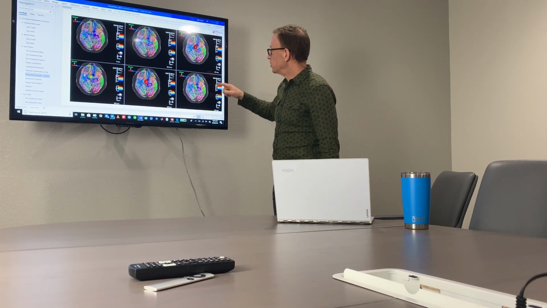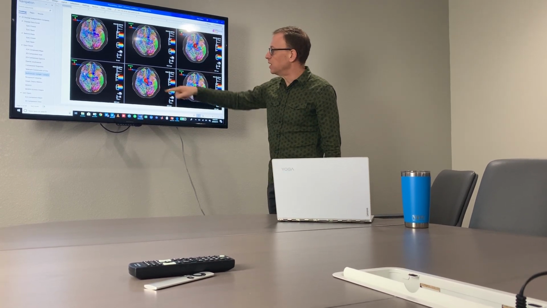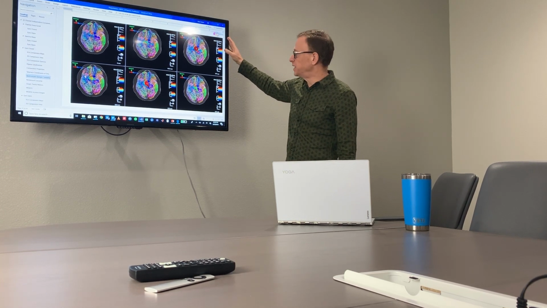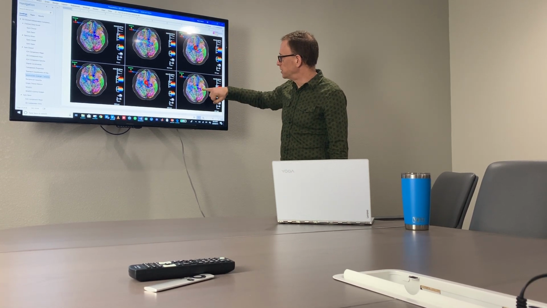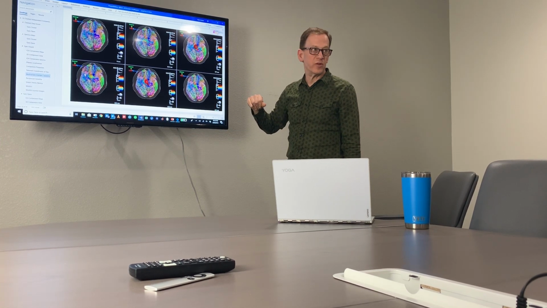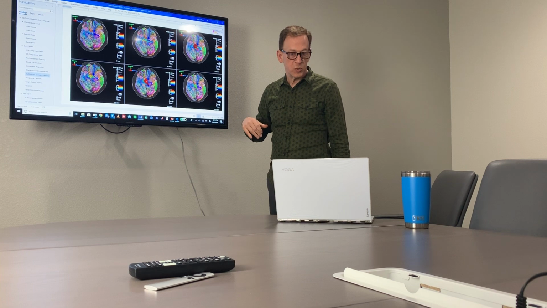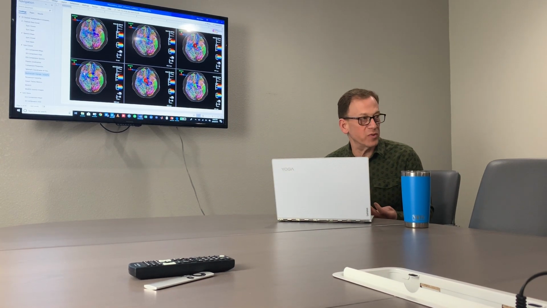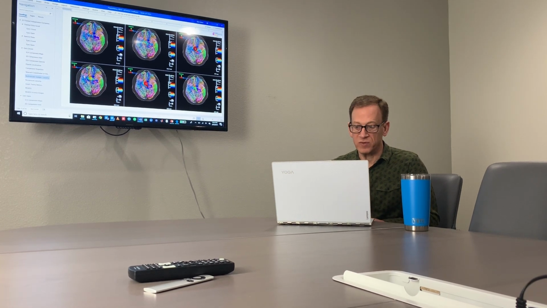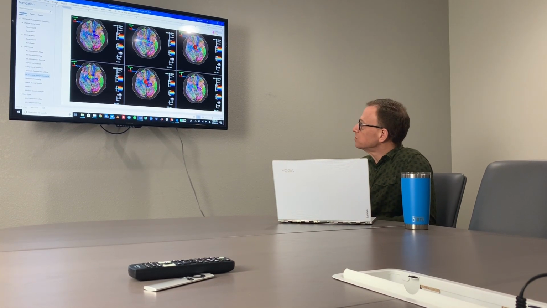Okay? The red circles and lines represent higher values, so closer to 10, and the dark blue lines represent lower values, which are down around a 3 or a 4. So when we think of a 4, and we compare that to the norm that should be a 25, we're talking about someone that has probably 80% lower connectivity than she should have, which is very, very significant.